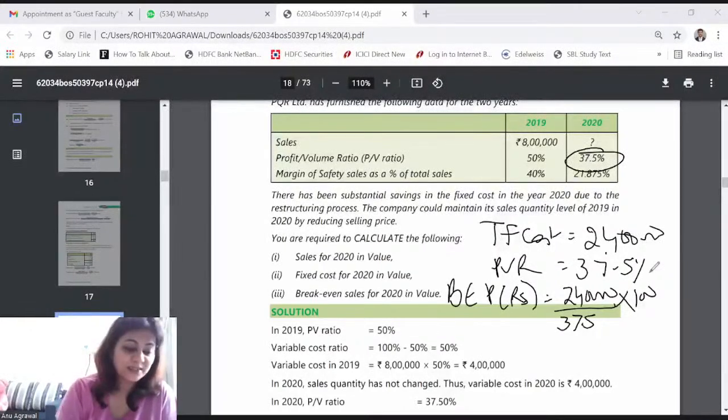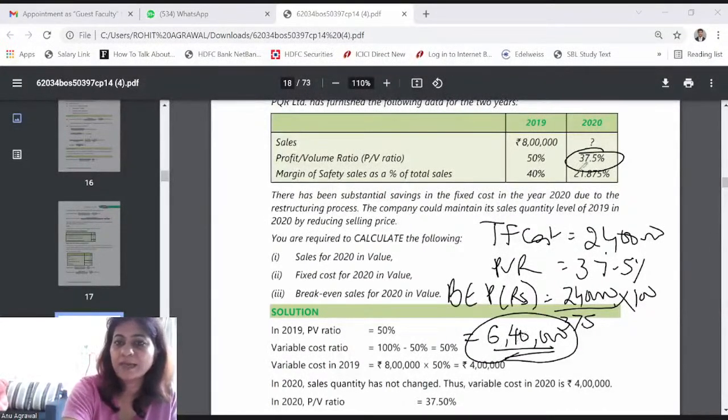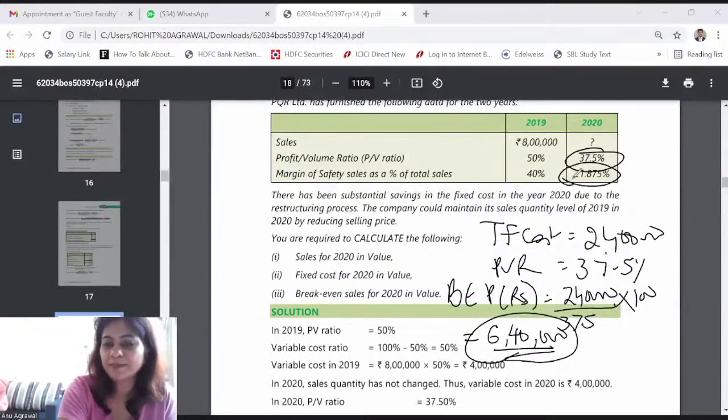Beta, marginal costing is like a puzzle. Break even is 6,40,000. If break even sales is 6,40,000, now MOS is 21.875%.